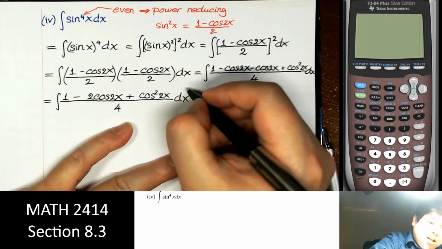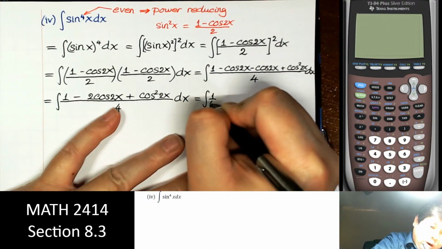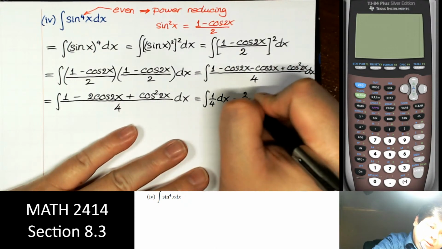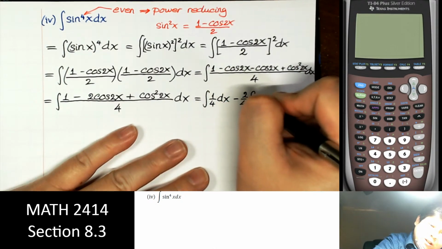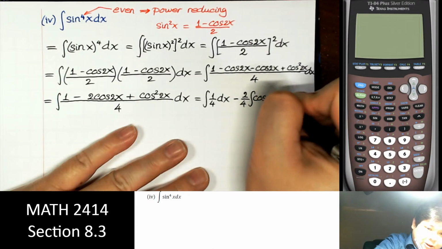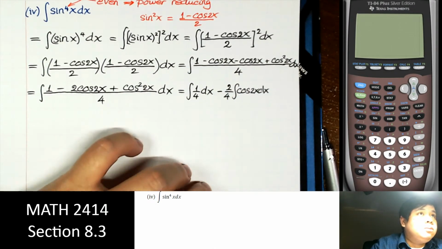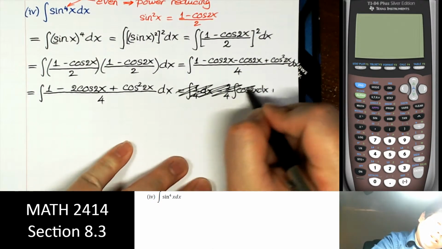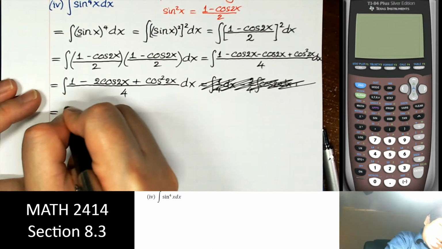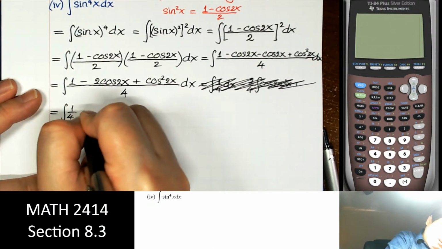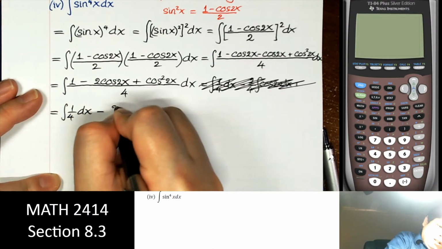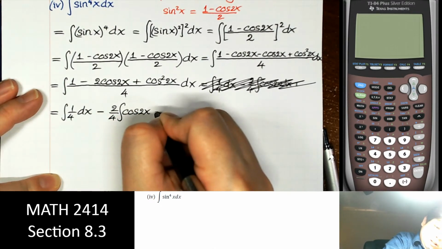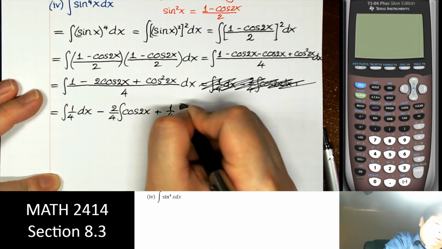And from here we can split the integral. 1 over 4, 2 over 4, and 1. Let me write that again. 1 over 4, 2 over 4, and 1 over 4.